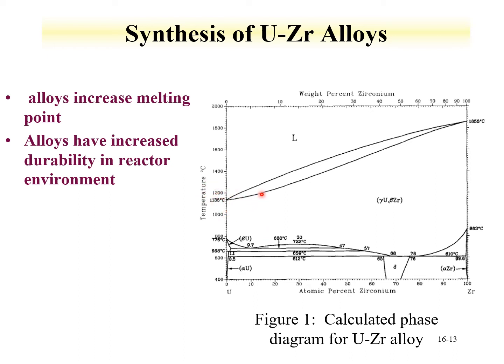By making the alloy with zirconium, the melting point increases, and the behavior of the material itself is more suitable to the behavior in a reactor. So swelling and damage from the neutrons seems to be moderated if one uses an alloy as opposed to pure uranium metal.